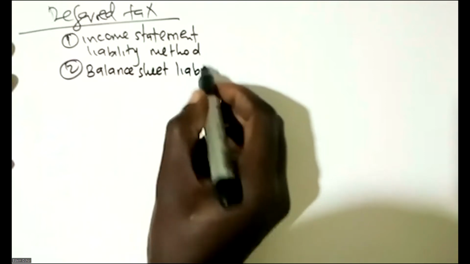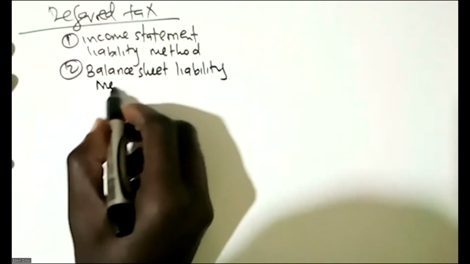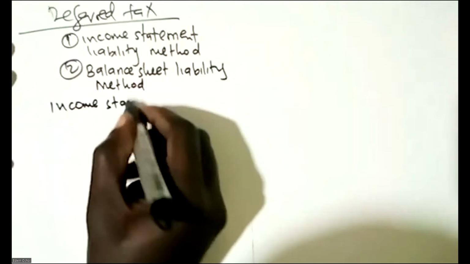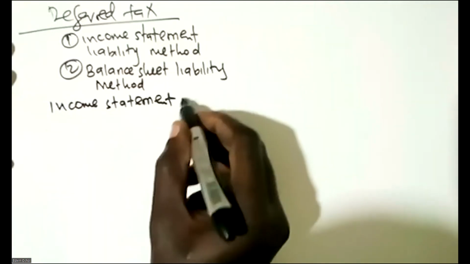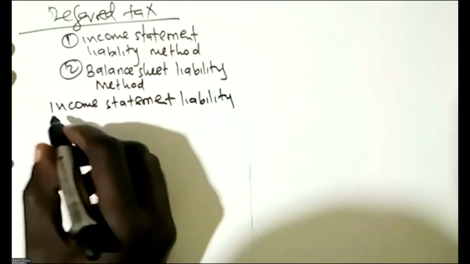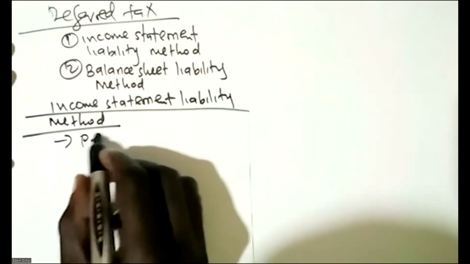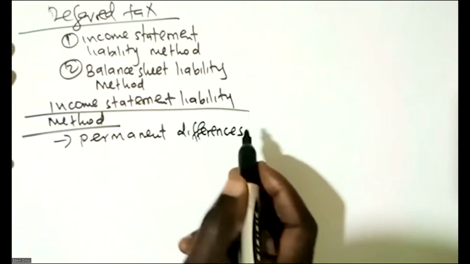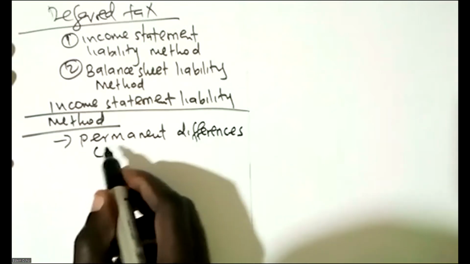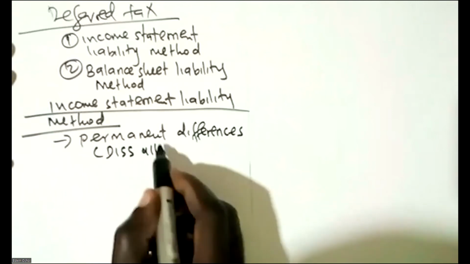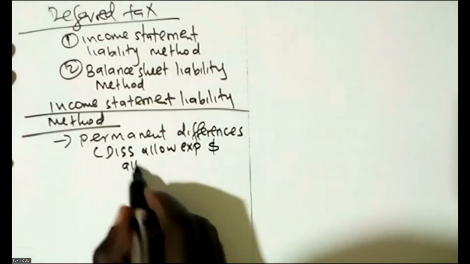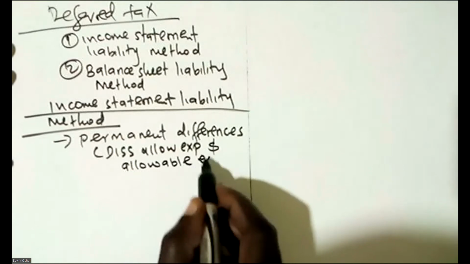For the income statement liability method, this method views deferred tax to arise from permanent differences, which are the differences between disallowable expenses and allowable expenses.